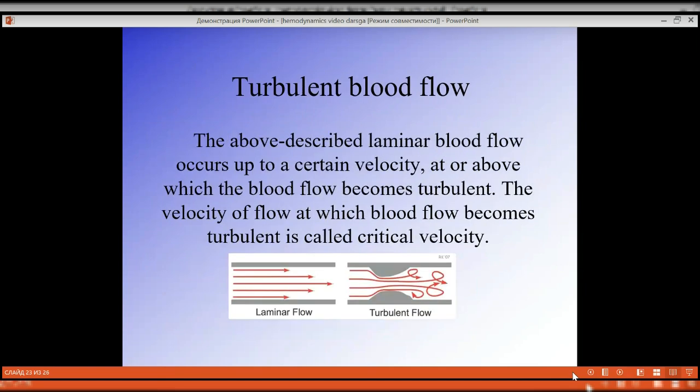But we also have turbulent blood flow, which is not normal blood flow. The laminar blood flow described above occurs up to a certain velocity, at or above which the blood flow becomes turbulent. The velocity of flow at which blood flow becomes turbulent is called critical velocity.